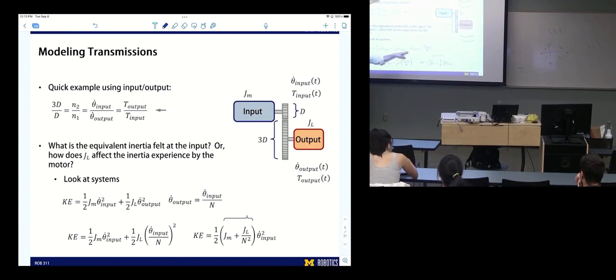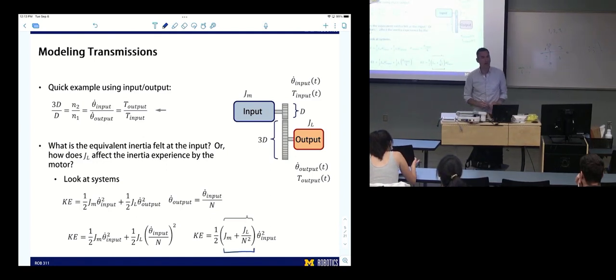And we also know that theta dot output is theta dot input over n. So now we can rearrange this. We can write it only in terms of theta dot input, which means we only care about the motion of the input and how the inertia will feel for motion of the input on the motor side. So this is now written all in terms of the input, and if I collect those terms, I get this expression.